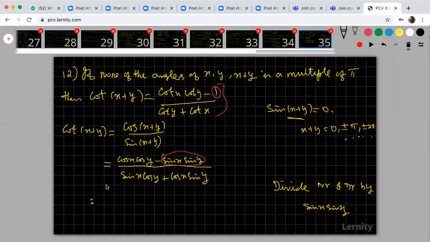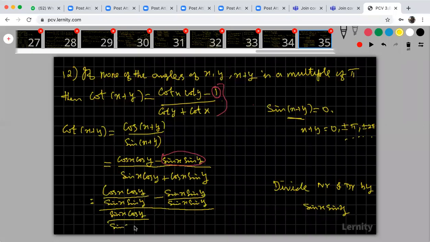Then we get cos x cos y divided by sin x sin y, minus sin x sin y divided by sin x sin y, whole divided by sin x cos y divided by sin x sin y, plus cos x sin y divided by sin x sin y. Are you okay?